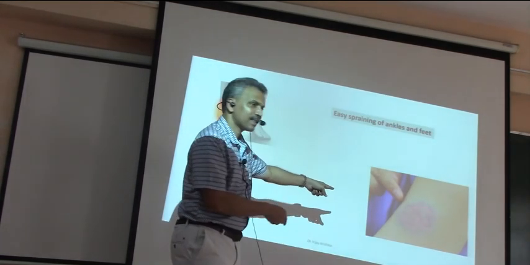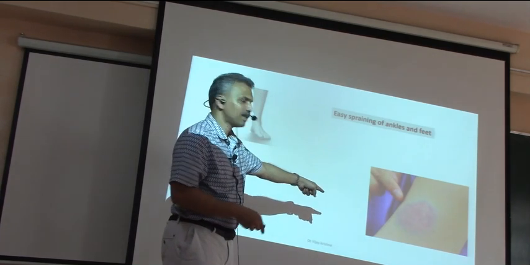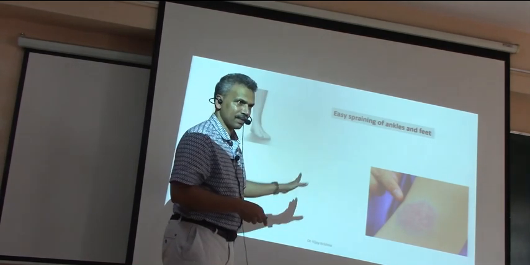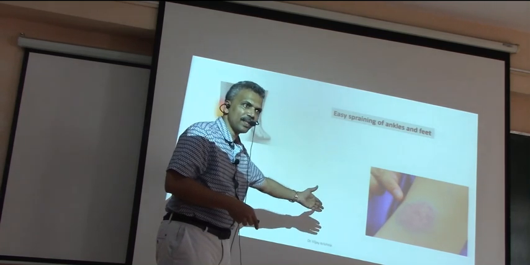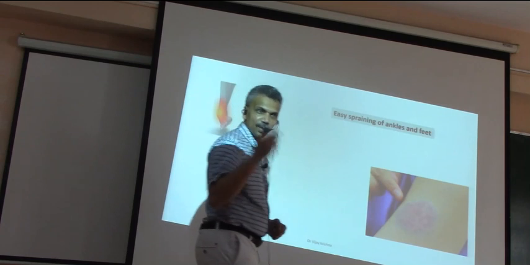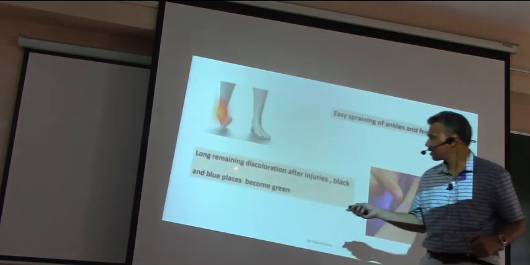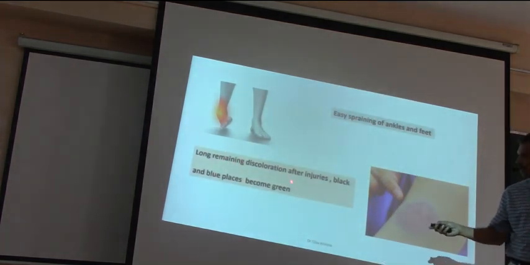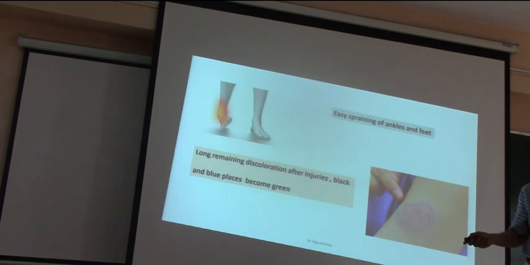Now what do you see here? You see some discoloration. Okay? You see some injury and the injured part is discolored. So in Ledum what you have is long remaining discoloration after injuries.